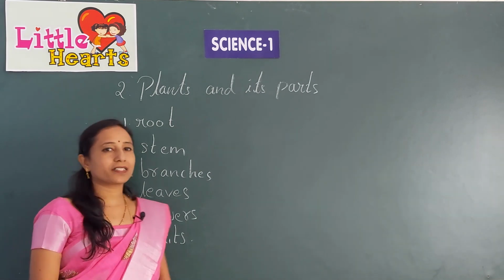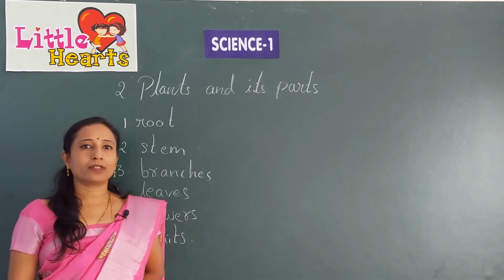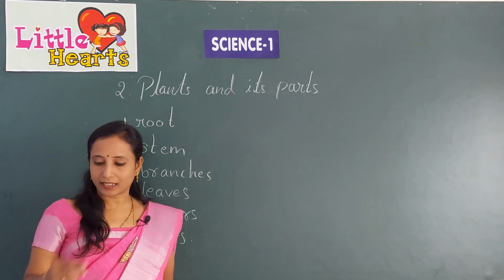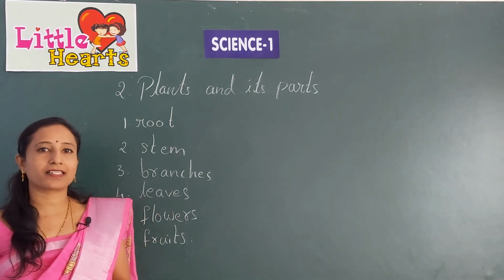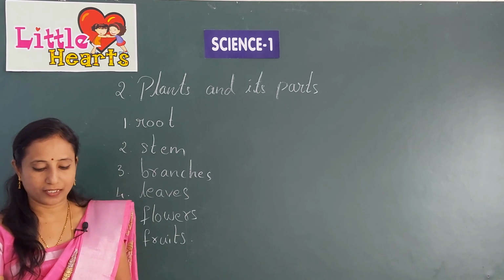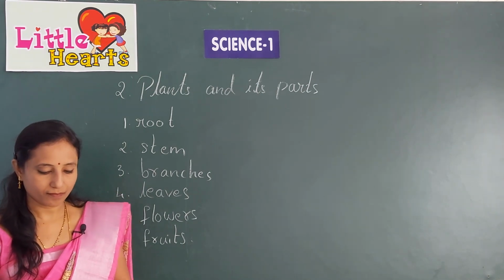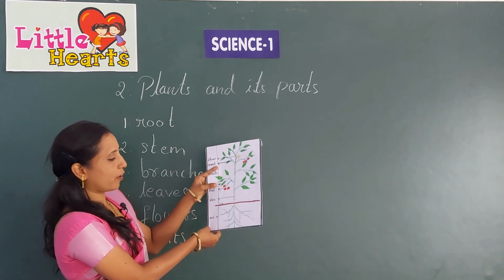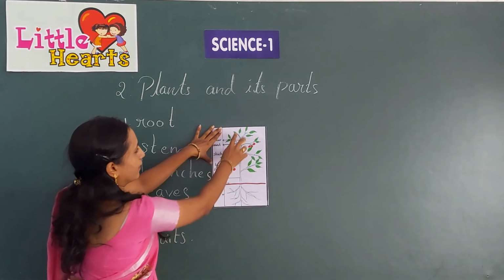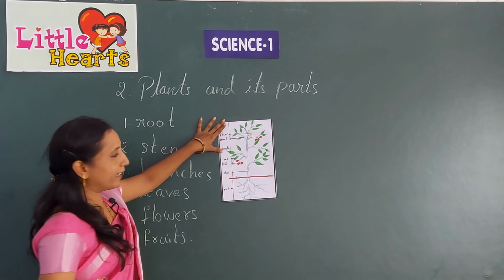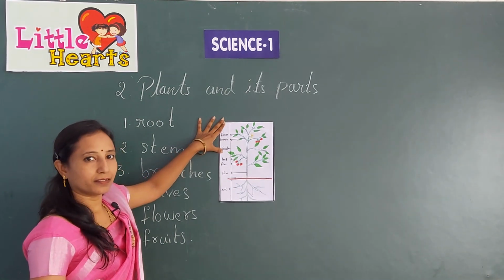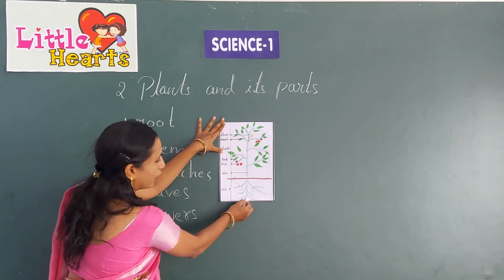So, what is a root? Root is the part of the plant which is below the ground. For your clear understanding, I will show you a picture. This is the picture of a plant. In this picture, can you identify the root part? Yes. This is the root.